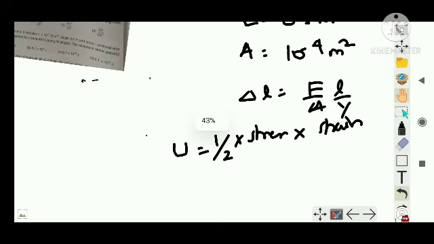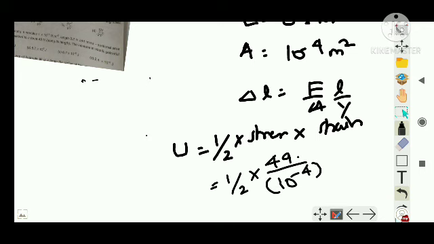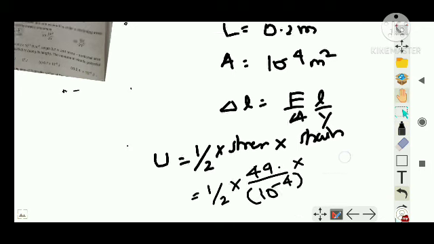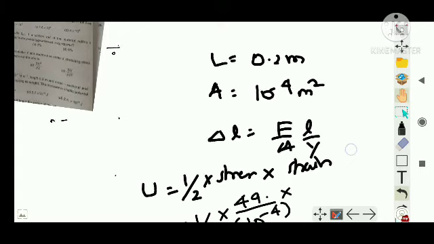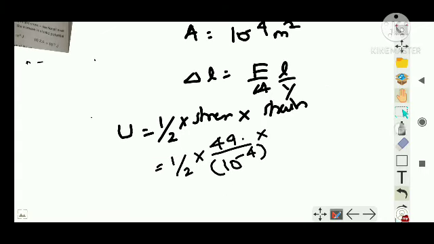So this can be written here half into force per unit area, that is 49 divided by area, 10 to power minus 4, right? And what is strain, guys? That is change in length by original length, right? So change in length divided by original length.